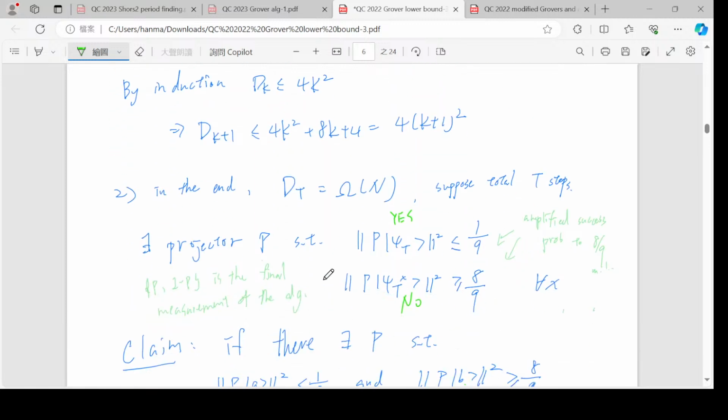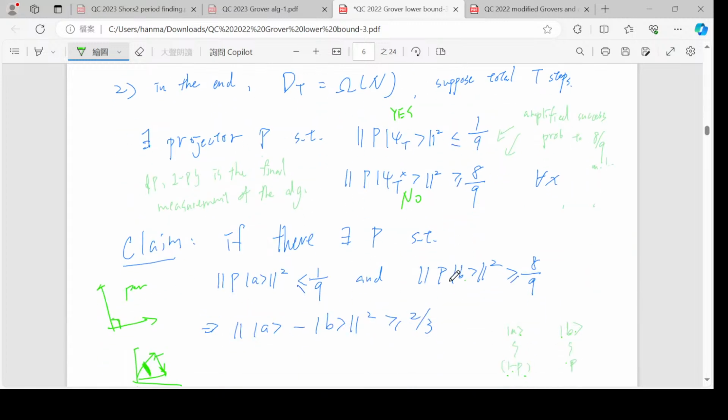Okay. And at the end we need to show this kind of a state distinguishing problem. So we are saying for the yes instance, there is a projector that accepts the yes instance with low probability, and for the no instance, there is a projector that accepts it with high probability. It's kind of reversed, but it's okay. So we're saying at the end you want to do a two outcome measurement, and without loss of generality it's a projector, and its complement.